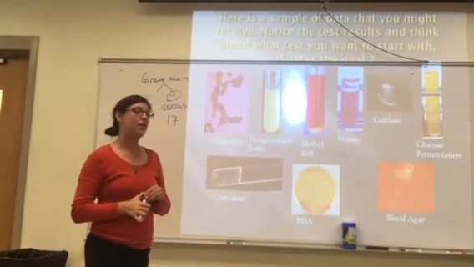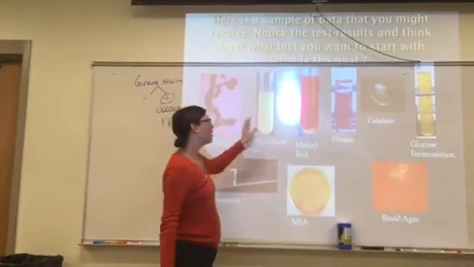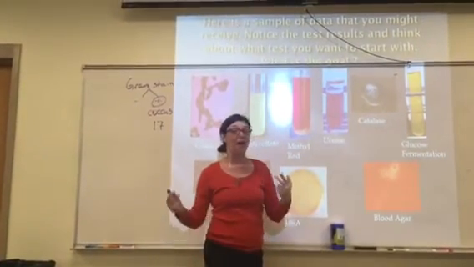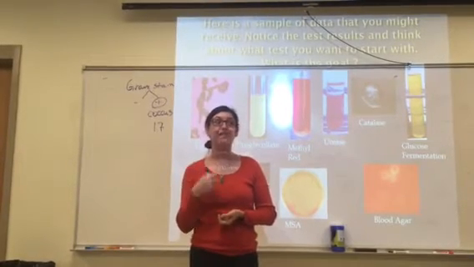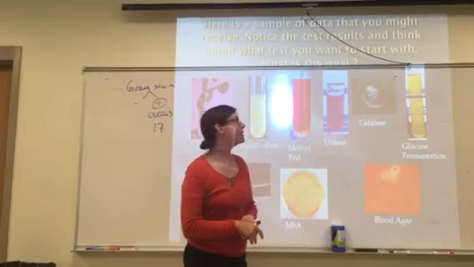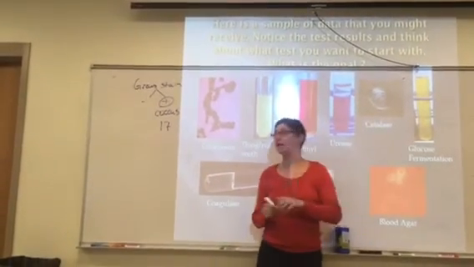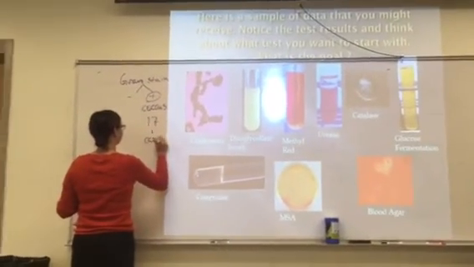Now, because we've eliminated everything within the group, you guys are going to look at one of these tests that all of those bacteria listed in that group have a result for. And so an example might be the catalase test here. So our next test will be the catalase.